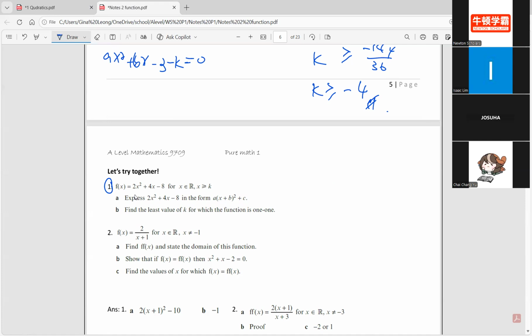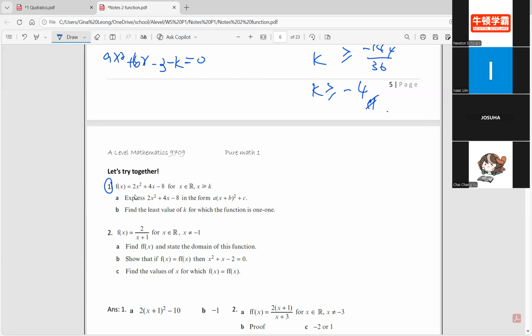This one he asked you to put into the completing square form. Let me see. Your b square is 6, is it? Your a is 9. Your c is -3, -k. Correct or not? Why suddenly become 2? I tried to simplify, but I messed up.